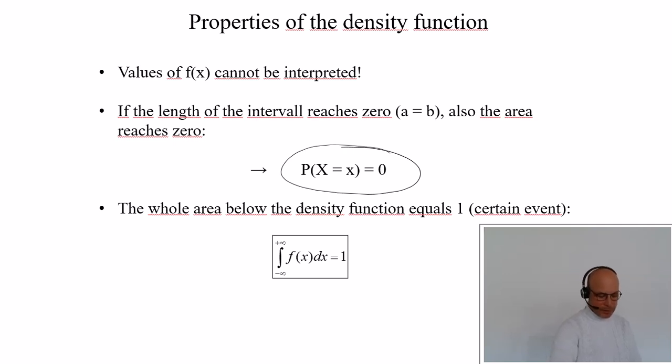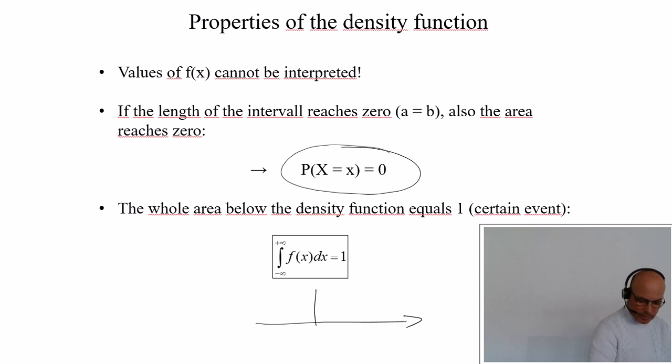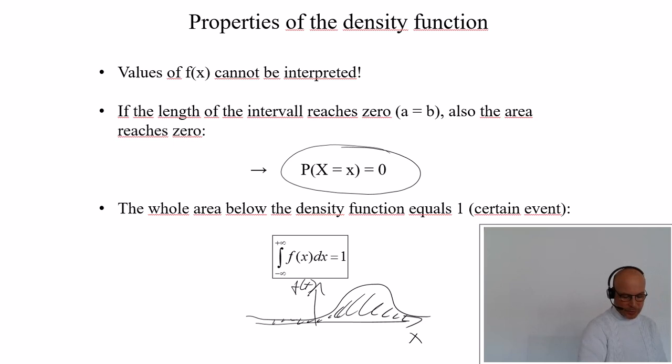Of course, let's take such a distribution f of x. The area under the distribution function then of course has to be 100%.